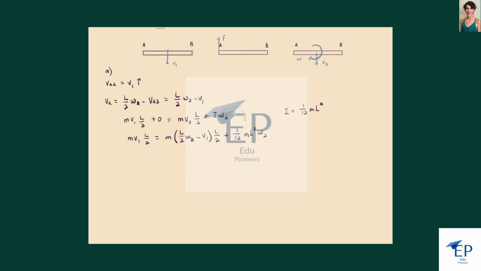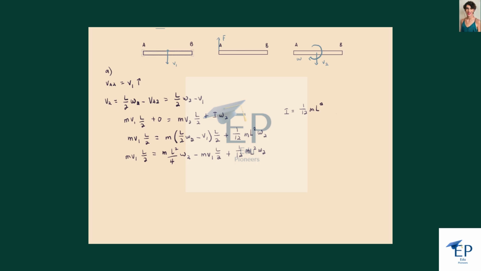Simplifying the equation, it would be M v1 L over 2 equals M L squared over 4 omega 2 minus M v1 L over 2 plus 1 over 12 M L squared omega 2.